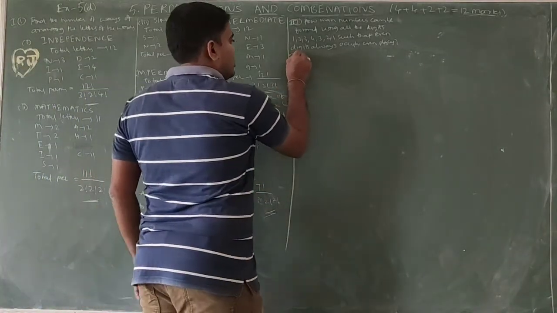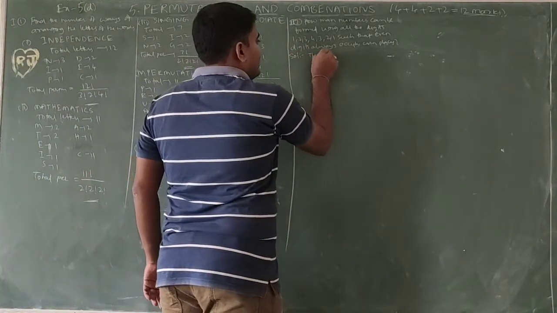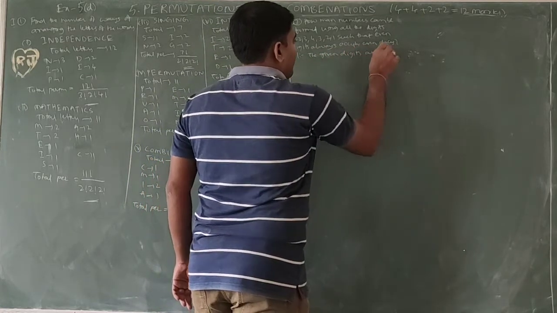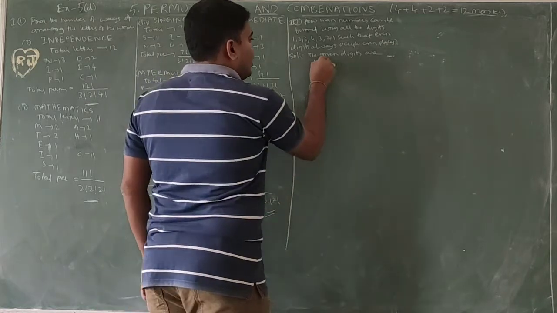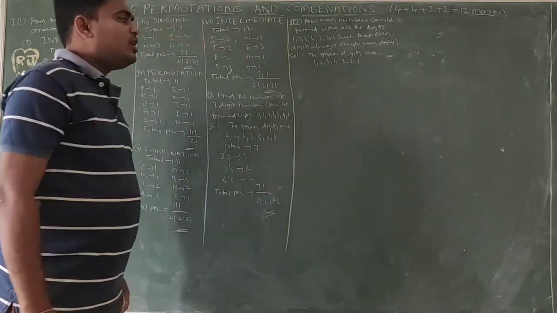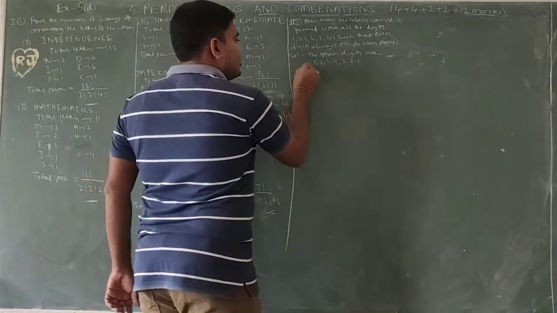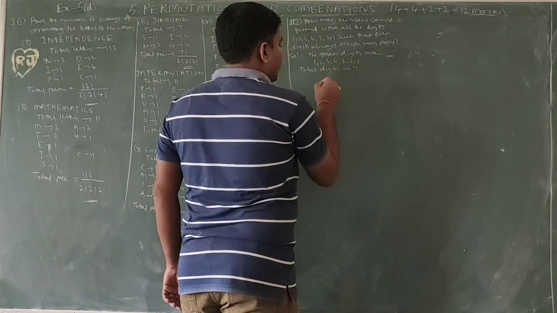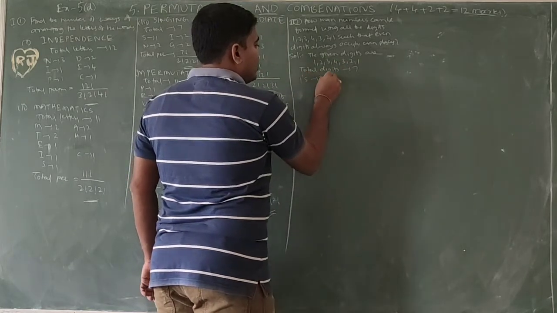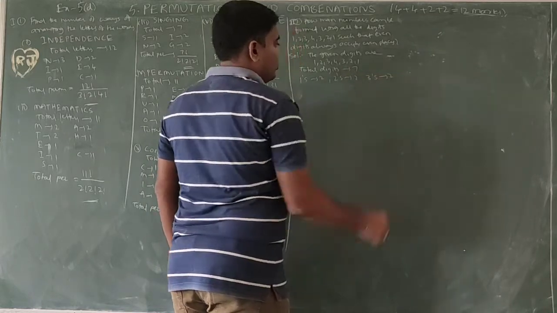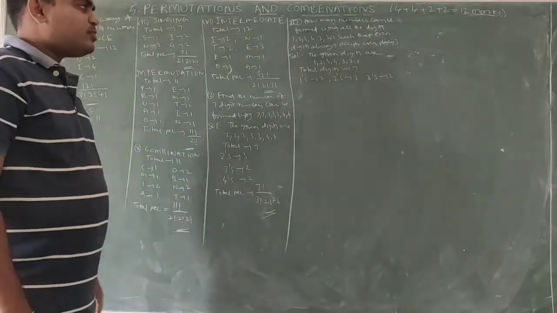First solution: the given digits are 1, 2, 3, 4, 3, 2, 1. So total digits 7. In this, ones 2, twos 2, threes also 2, four 1.